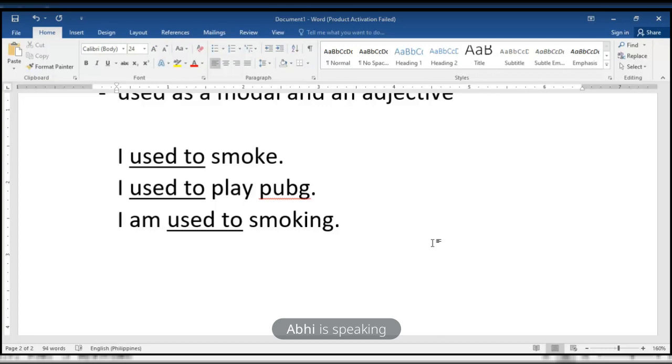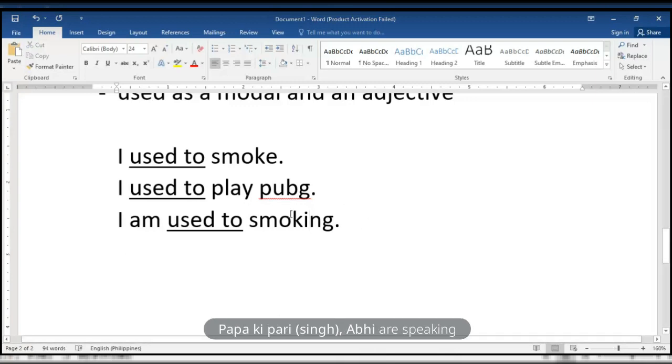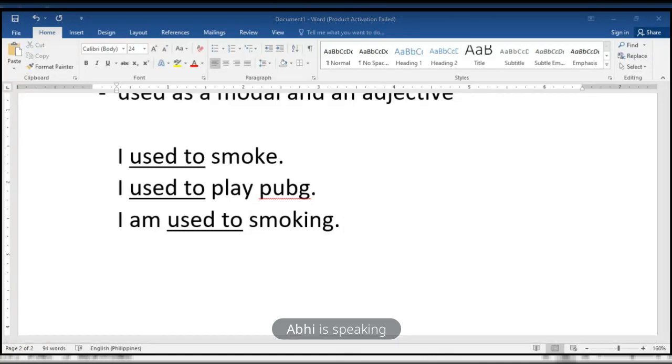After be, "used to" is here like an adjective, and after "used to", I am used to smoking. "Smoking" is the verb's first form plus ing, which is a gerund. So I have said that after "used to" there should be a noun or gerund. Actually, a gerund is also in the sense of a noun.